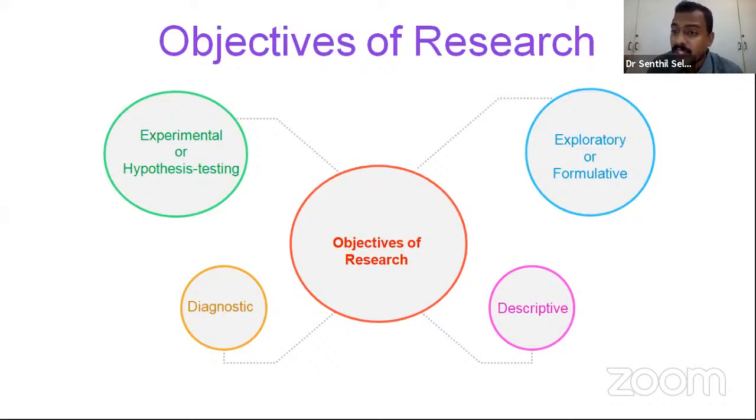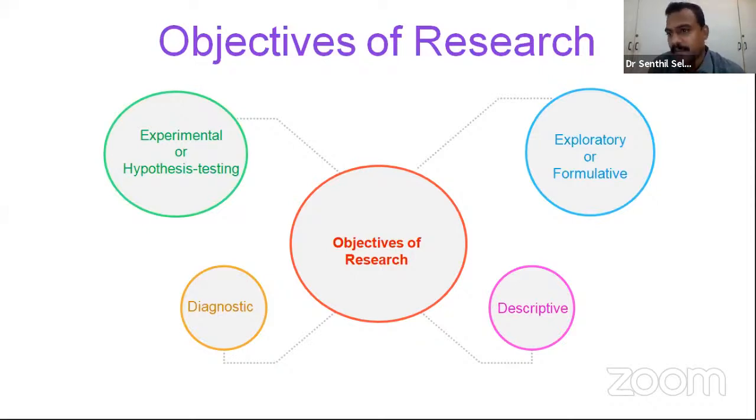If you want to search a new concept that is unknown to you, if you want to give an insight knowledge about a concept, then it is exploratory or formulative. The thing which you are going to gain, a concept which is new to you, you are going to explore that, then it is called as exploratory or formulative.